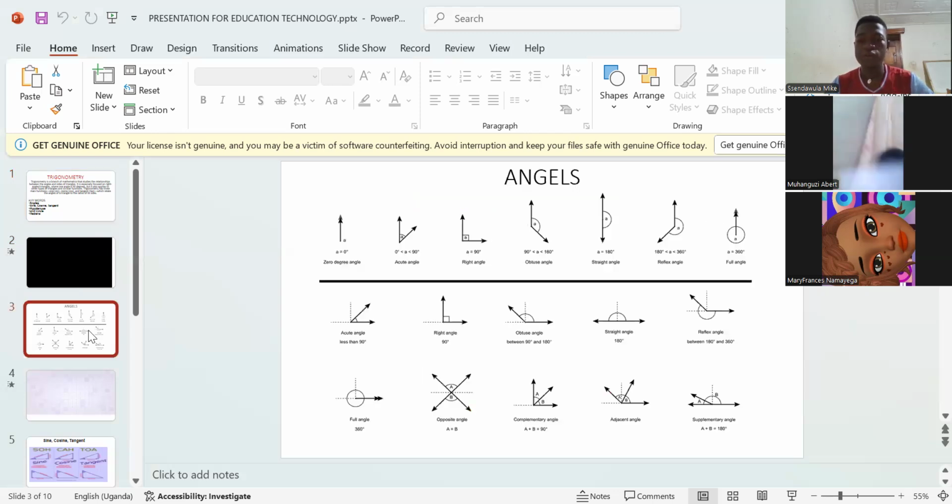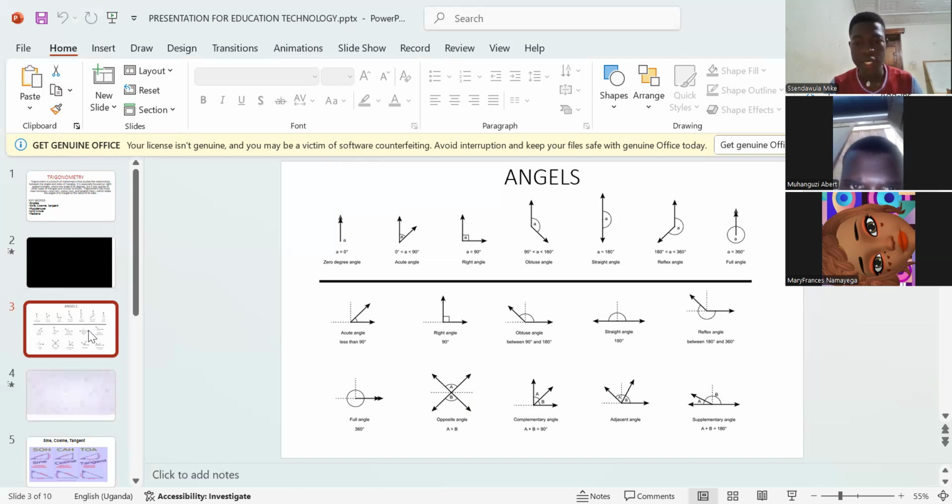We have angles as the first bit. Angles comprise quite a number of things, and there are very many kinds of angles. We have angles that are obtained on a straight line.